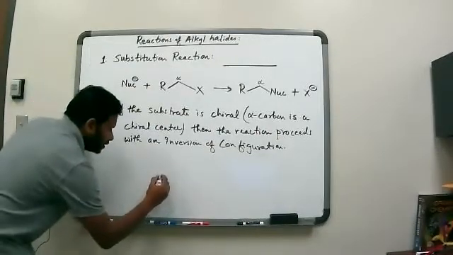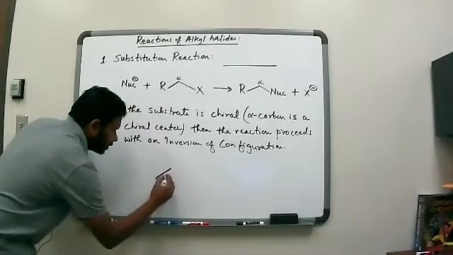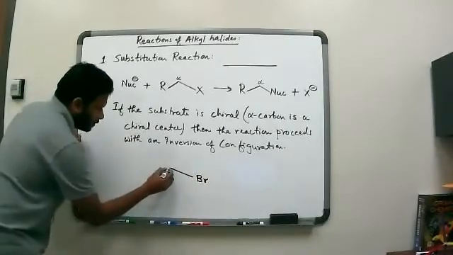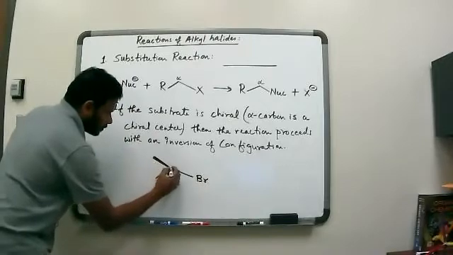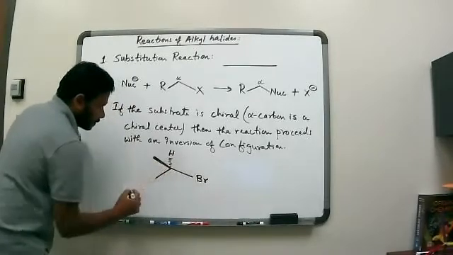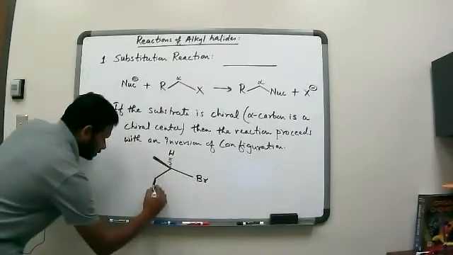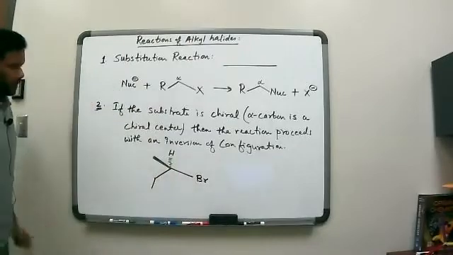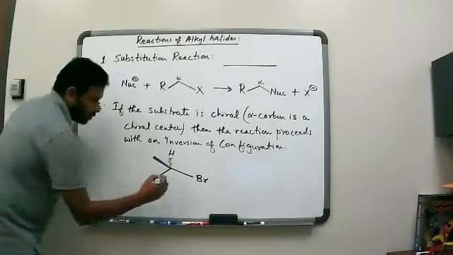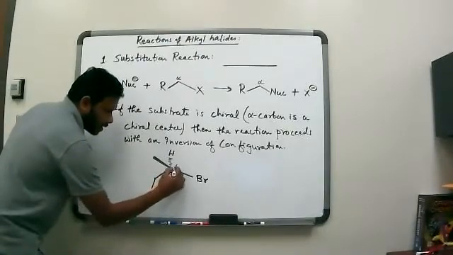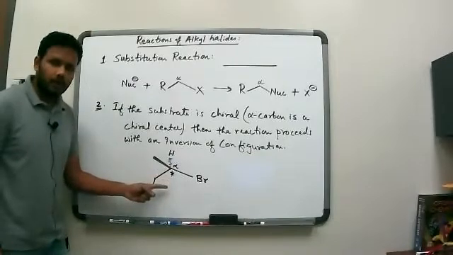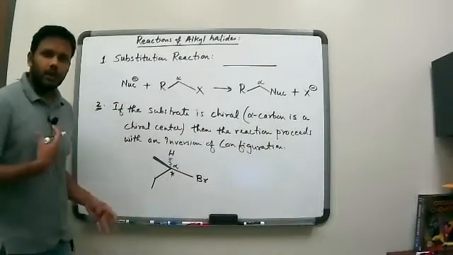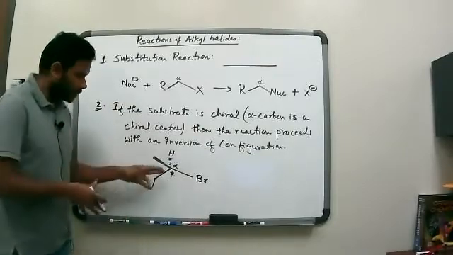What is it that I'm trying to say here? Let's say we have an alkyl halide like this. That's our alkyl halide. As you can notice, this alpha carbon is chiral. If there is a chiral center elsewhere in the molecule, we are not concerned about that, because this reaction happens at the chiral center.